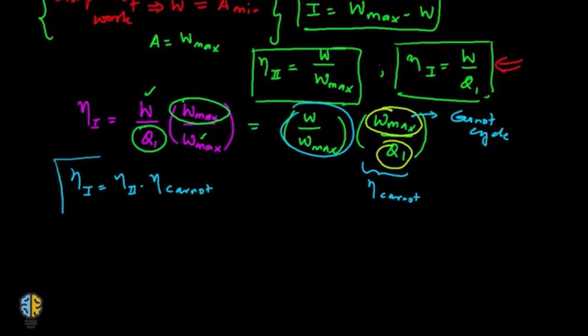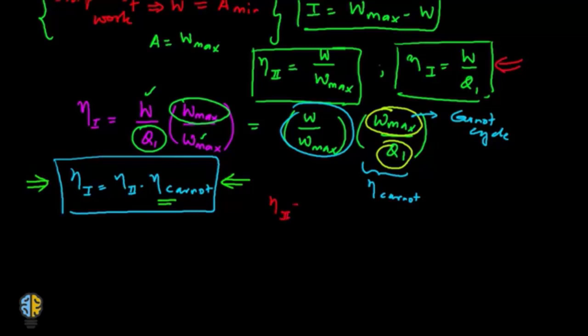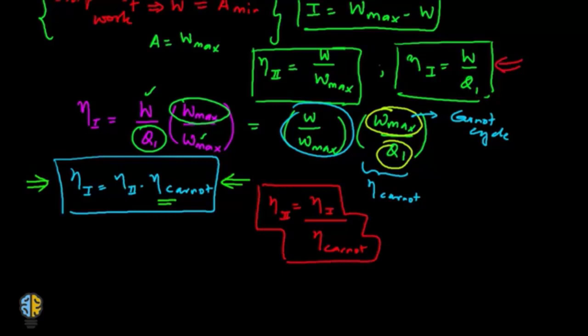This is how you can relate the first law efficiency, the second law efficiency, and the Carnot cycle efficiency. You can also rewrite it as eta 2 is equal to eta 1 upon eta Carnot. So this is how you can relate these two values.